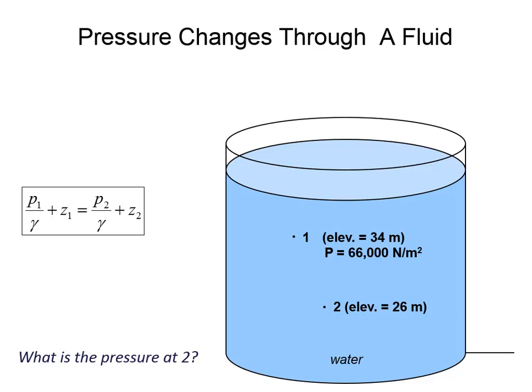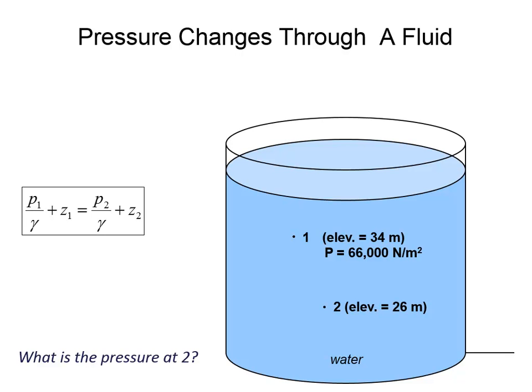So the delta P is simply going to be the delta H multiplied by the unit weight. So the pressure change between the 2 points is going to be unit weight times delta H. So it'll be 9810 newtons per meter cubed times 8 meters elevation difference.